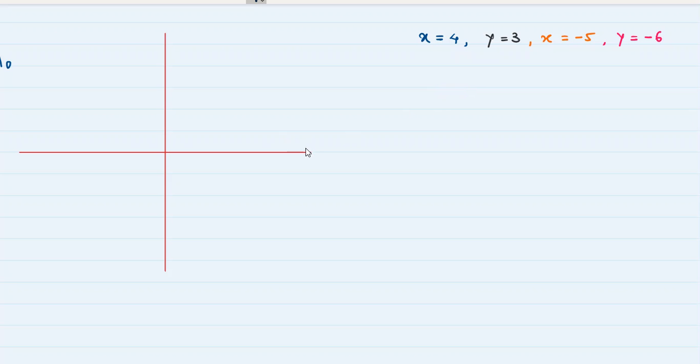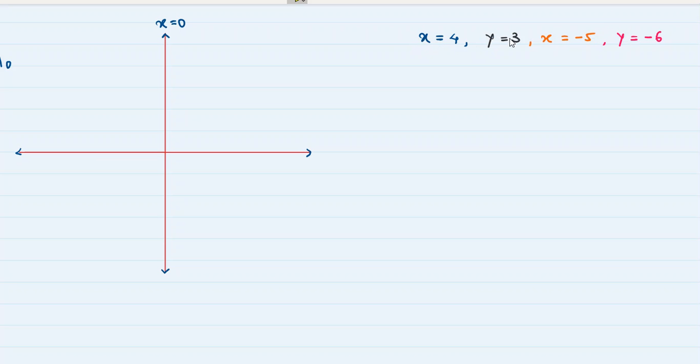So first, to start with, let's start with the line x is equal to 0. What is x is equal to 0? X is equal to 0 is y-axis. So any line which is parallel to y-axis will have its equation in the form x is equal to a.